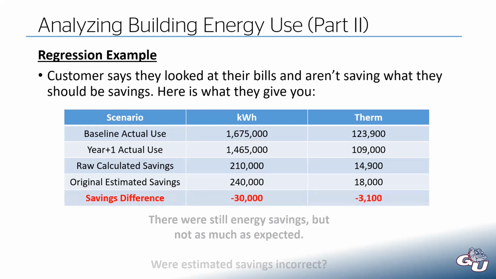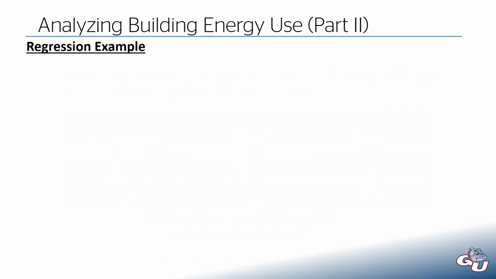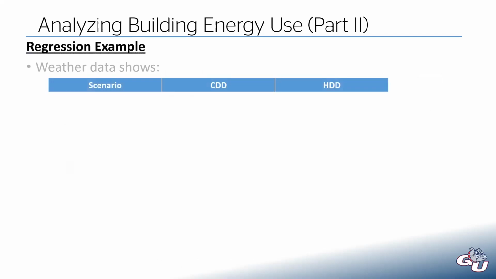So were the savings not right? Did we do our calculations wrong? Well, the first step is to look at the weather. So let's say you pull up the weather data off of the website I showed you last time. During that baseline year, that's the heating and cooling degree days.